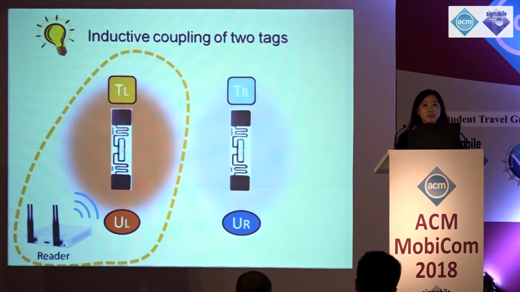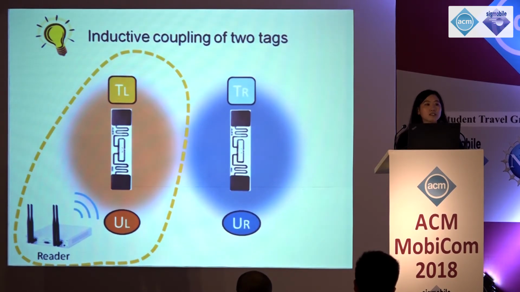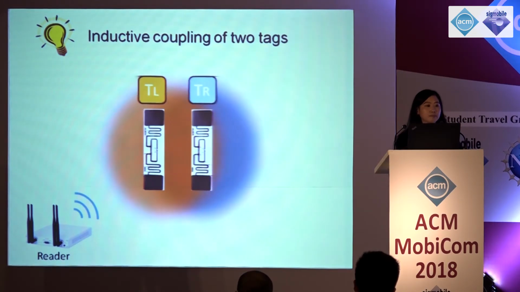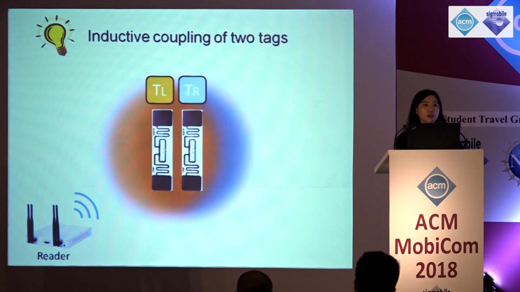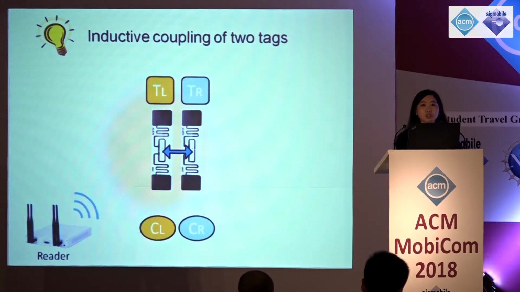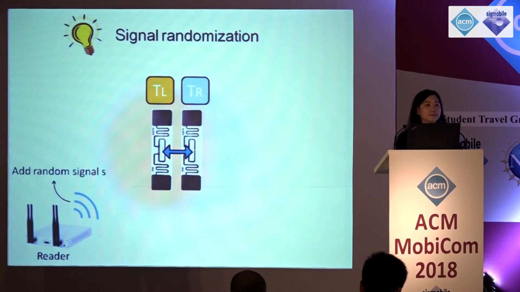If we inventory the two tags separately, the two tags will transmit the uncoupled signals U_L and U_R respectively. When a user wants to authenticate his right tag, he or she should put the two tags at a close distance. In this case, the two tags will inductively couple with each other, and their transmitted signals will become the coupled signals C_L and C_R.